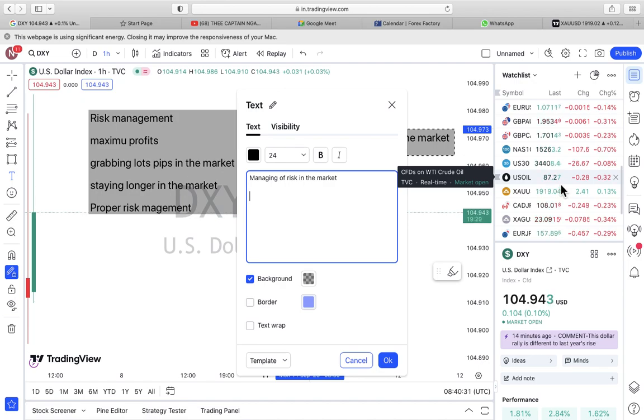Now, how do you protect your capital? First, when you're creating an account, look at the type of account you're creating, and mostly I will always advise you, to manage your risks, this is very easy with a standard lot account for beginners.